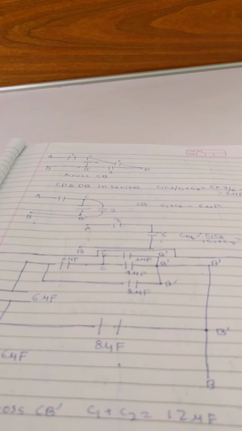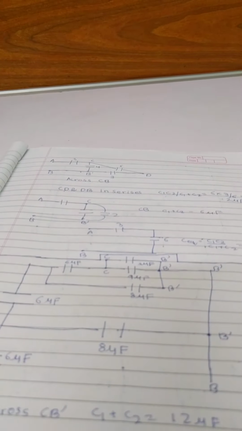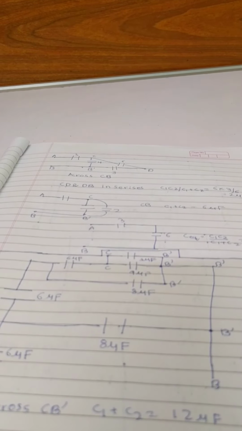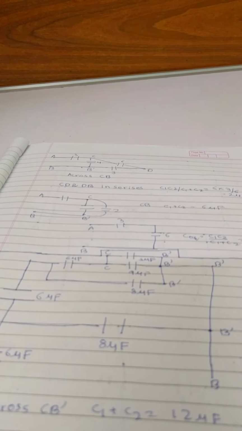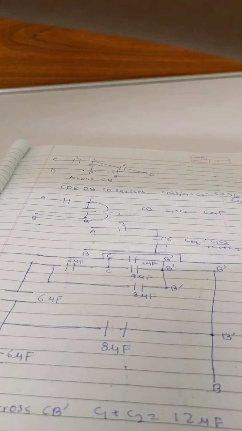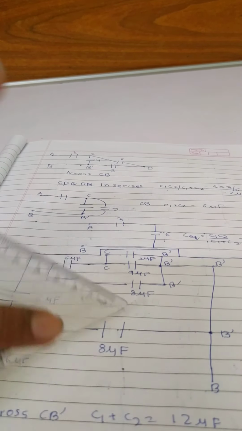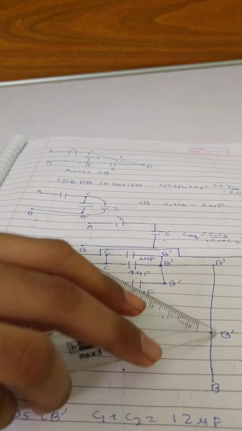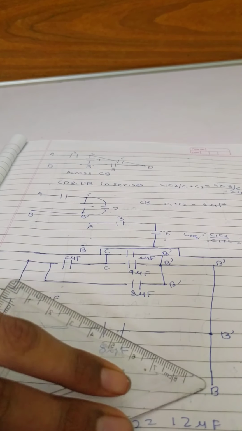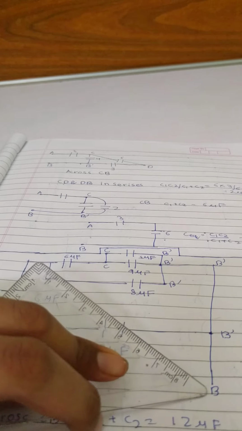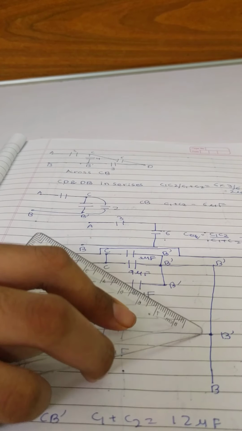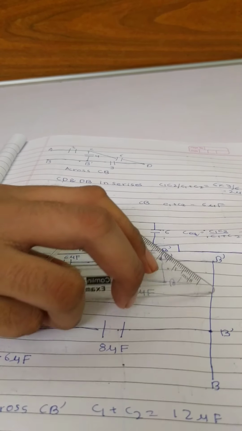Now there is one important thing in this which you have to know. If this is B, and there is no resistor, capacitor or anything in between, you can just write this B here, continuing till here.